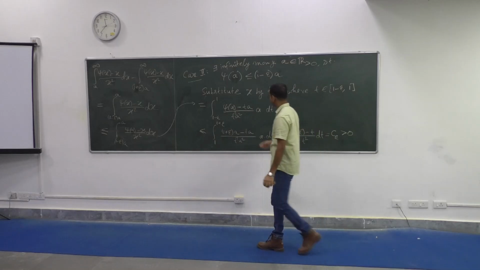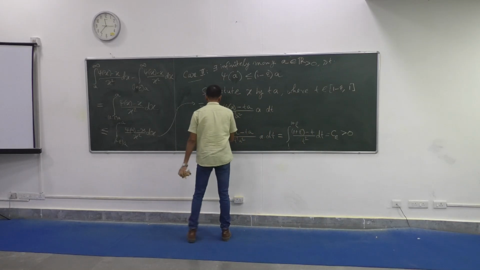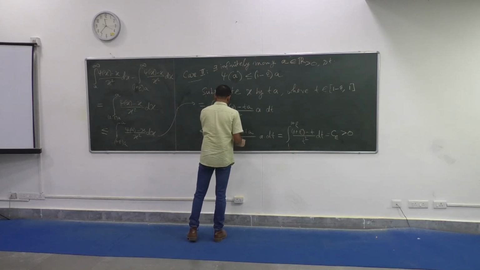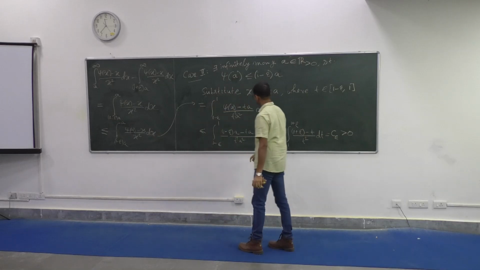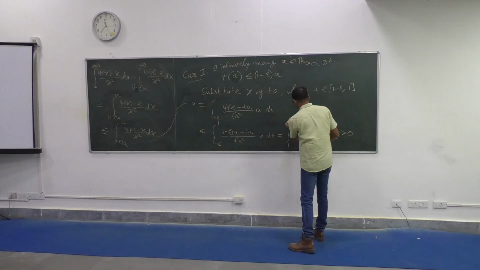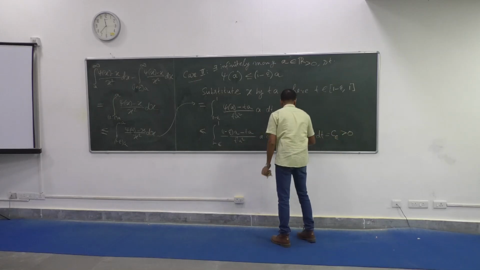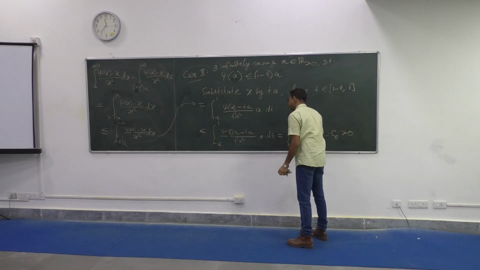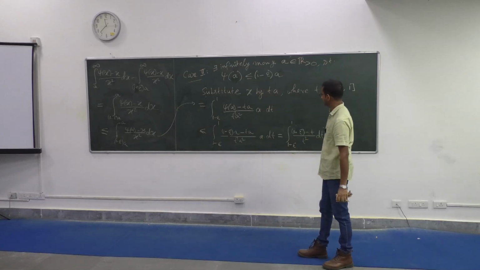So we just plug this in here, and we get that. And everything changes in the second case, so this will be 1 minus epsilon, and the direction of the inequality has already changed.